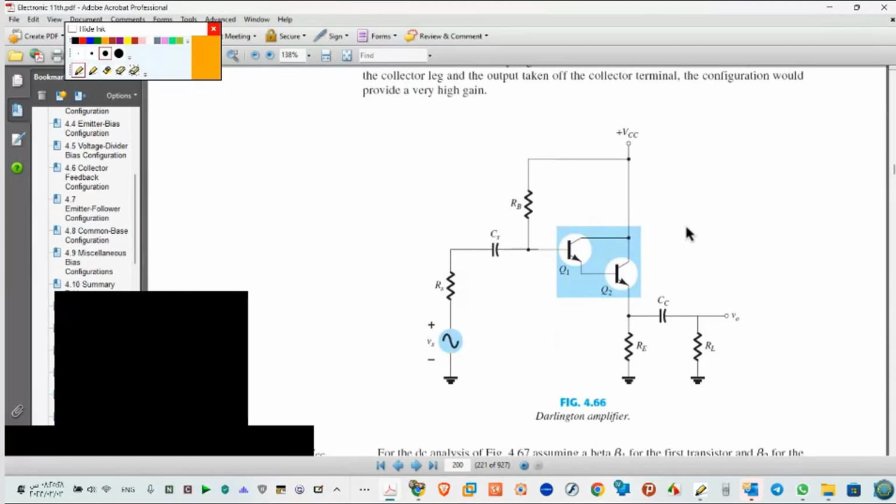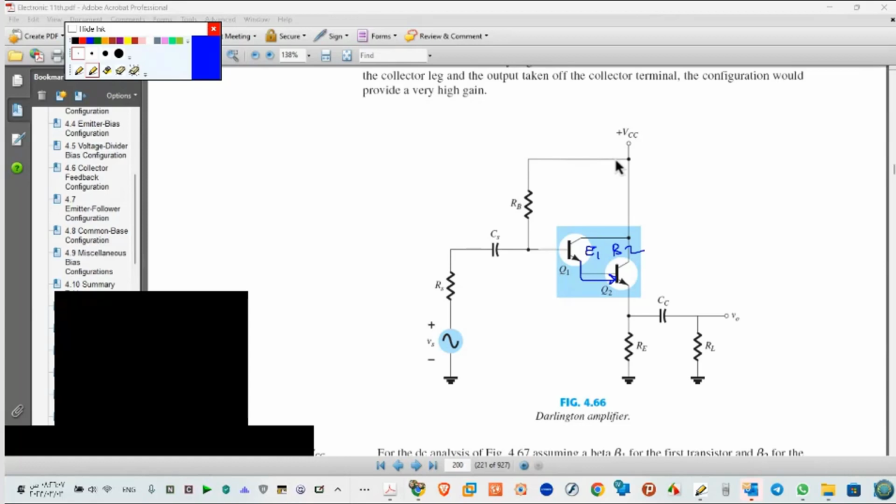In these transistors, I will connect this big one, the emitter of 1 to the base of 2.